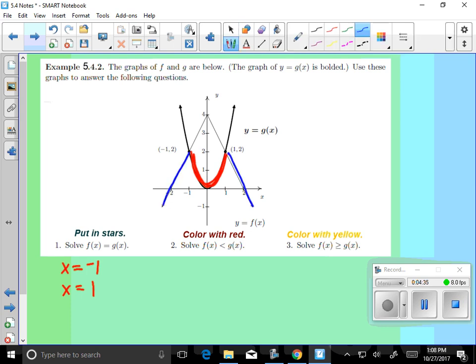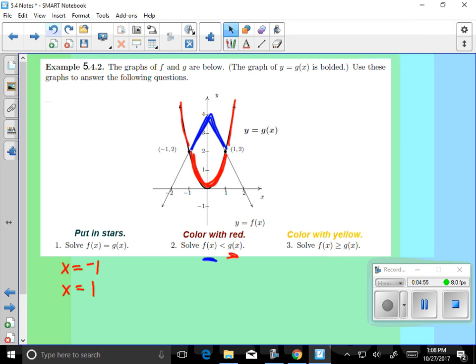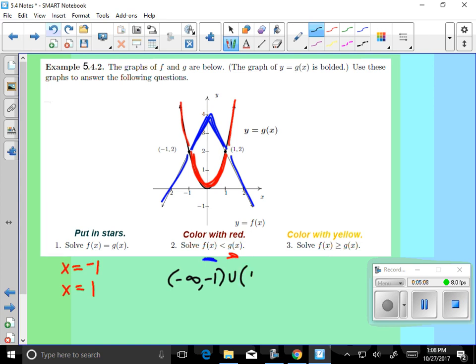F of x's outputs are greater than that. Okay, the red is below the blue, between -1 and 1. We want to know where is the blue less than the red? Well, we would say outside of these values. All right, so the blue is less than the red. Let's give it a domain. Negative infinity to negative 1, unioned with 1 to infinity.